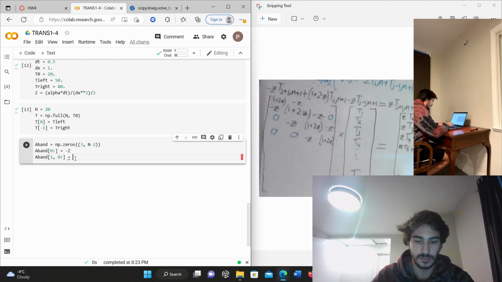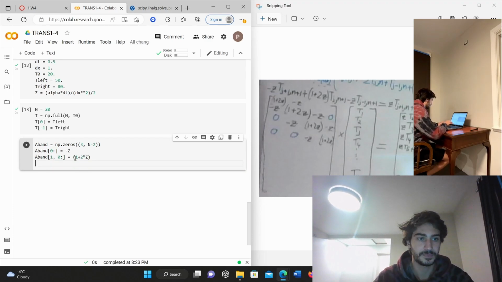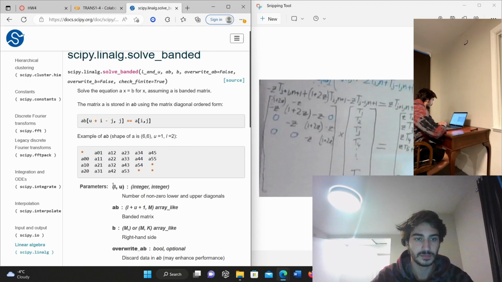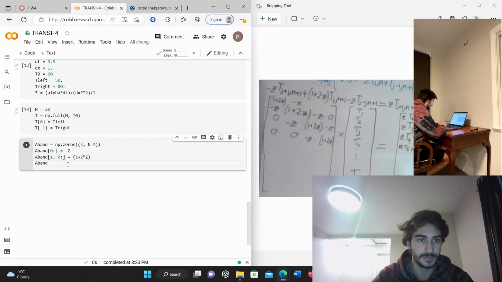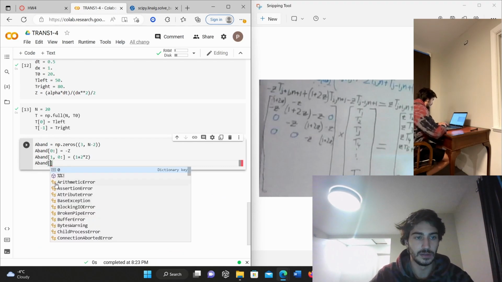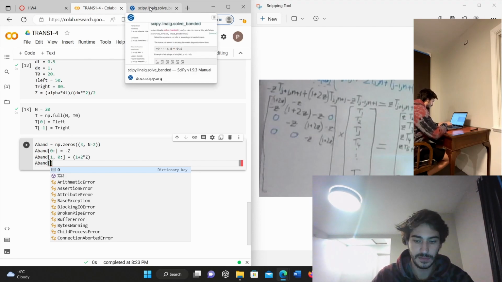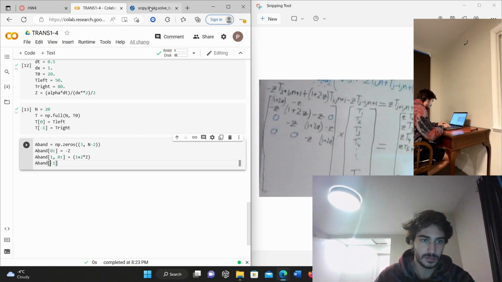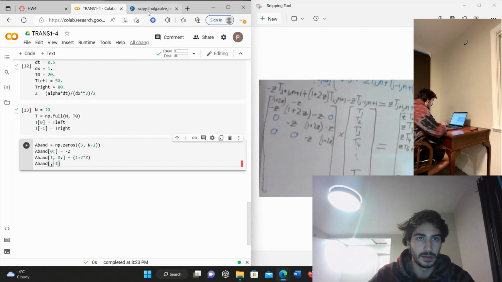This is 1 plus 2 times z, right? Then finally for this last negative z, we want it in this third column and everything except this last value, right? So what that's going to look like is everything but the last value. So I'll go to negative 1, right? And what do we want?